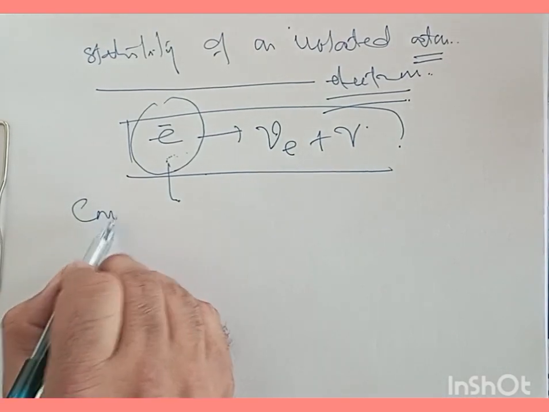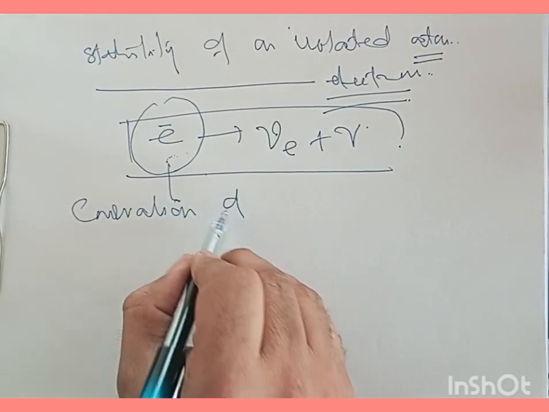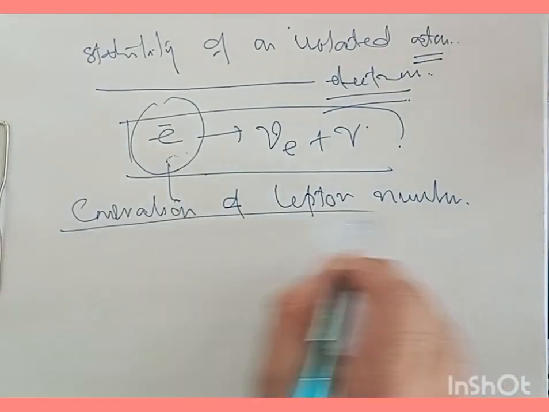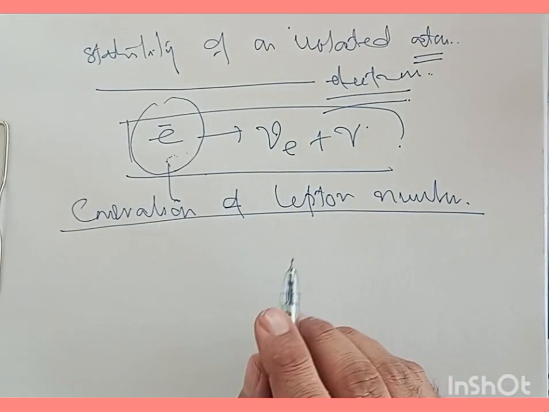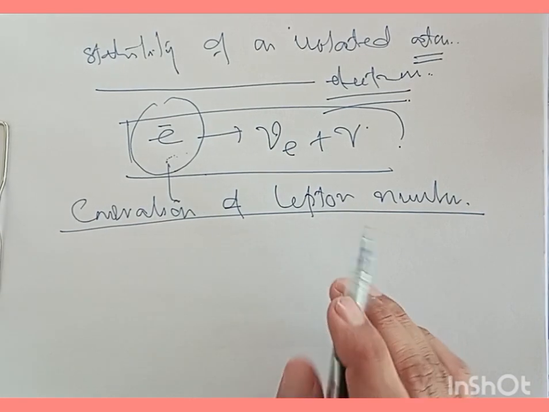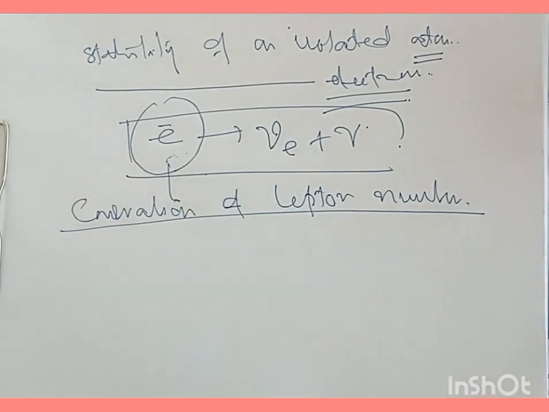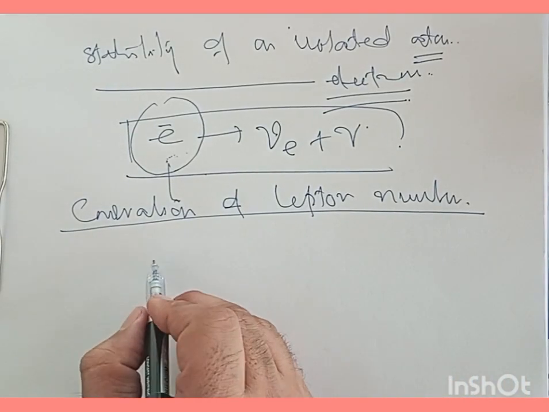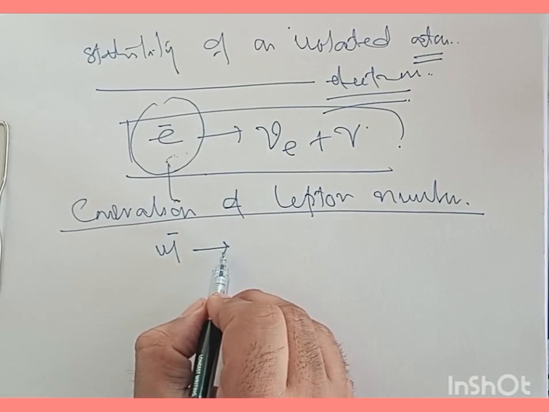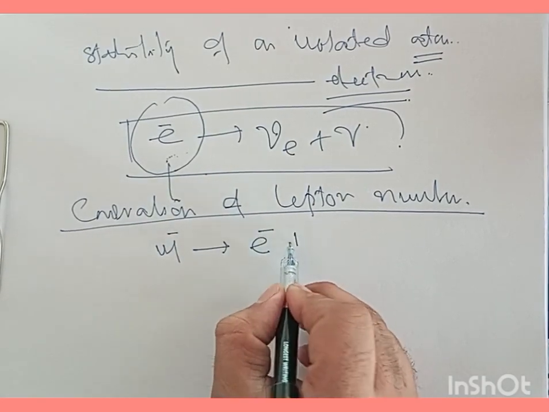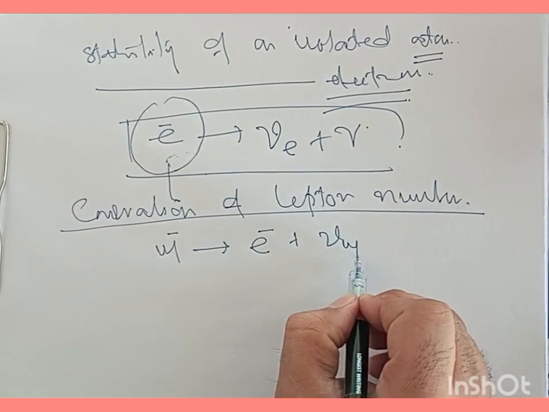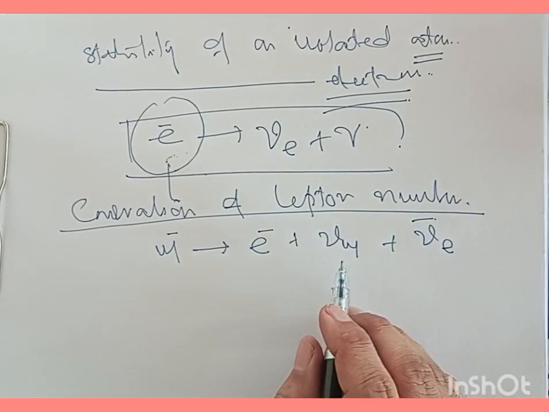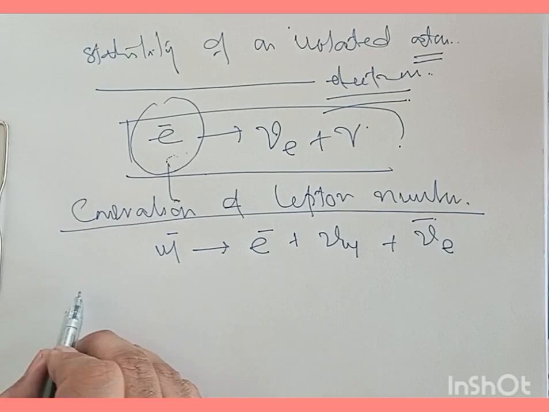Now, the next thing is conservation of lepton number. We have already talked about leptons. According to this law, in a given decay or reaction, the total lepton number is conserved. Let us take an example of mu negative decaying into an electron, a neutrino and an antineutrino. Now, let's go with the lepton number here.